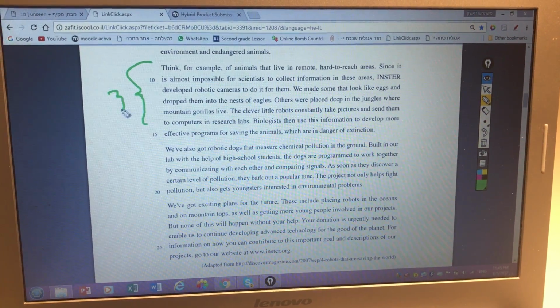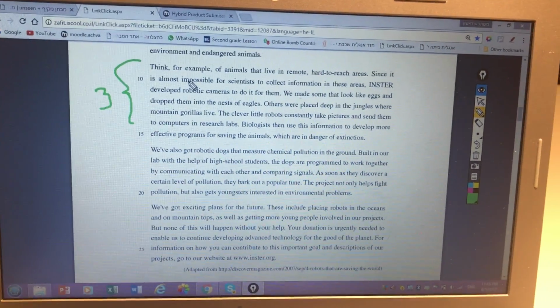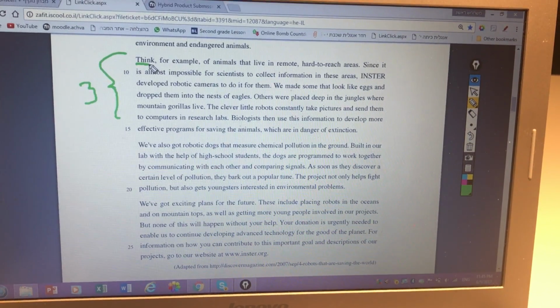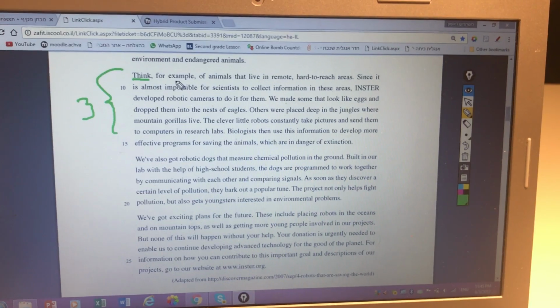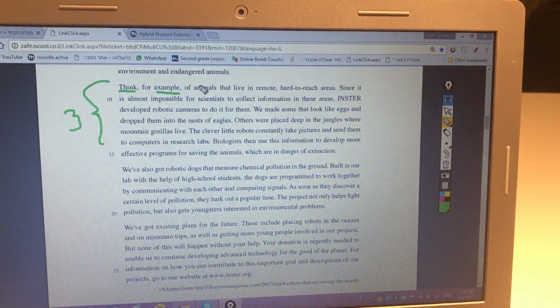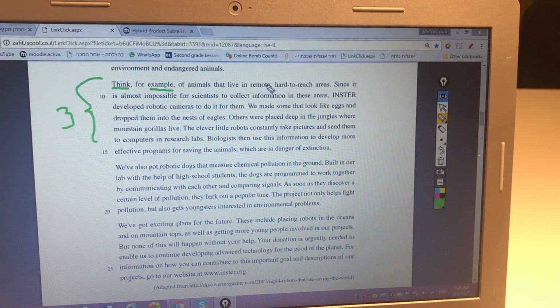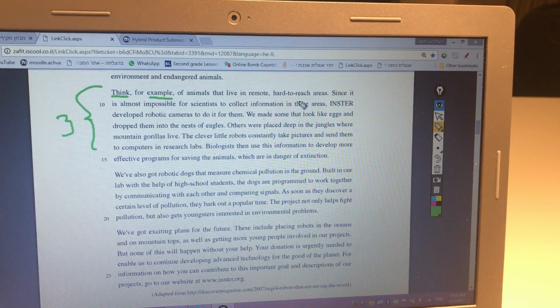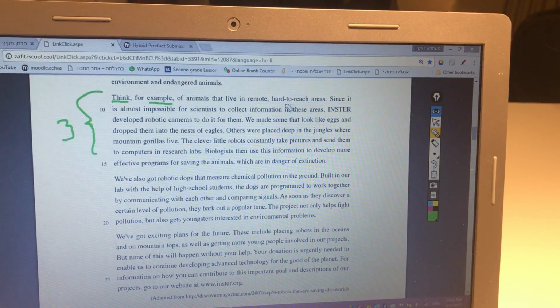In paragraph 3 they say think. So here they're probably going to give you an example or an idea, for example, of animals that live in remote, hard to reach areas.